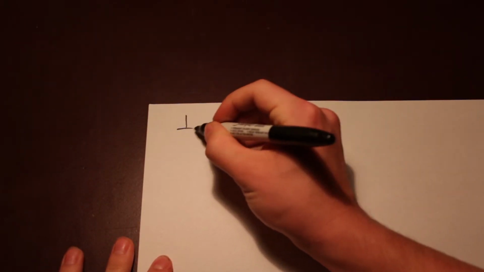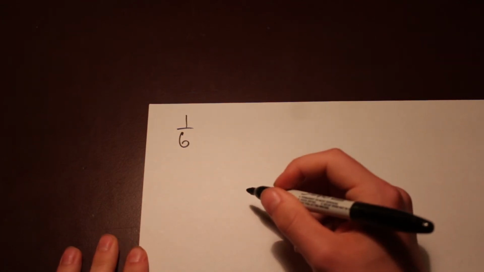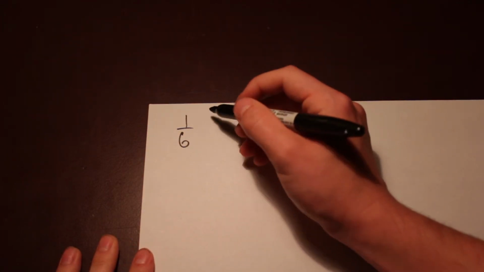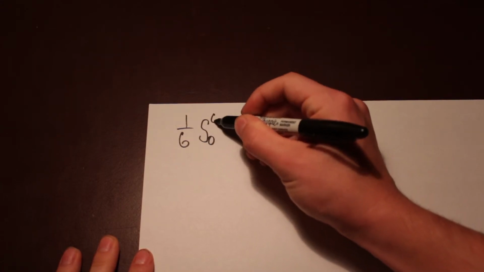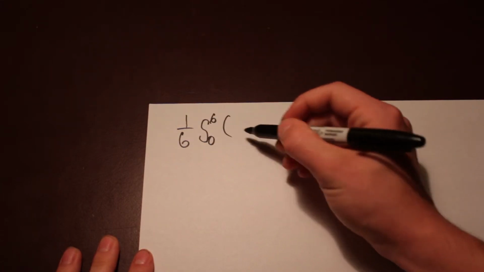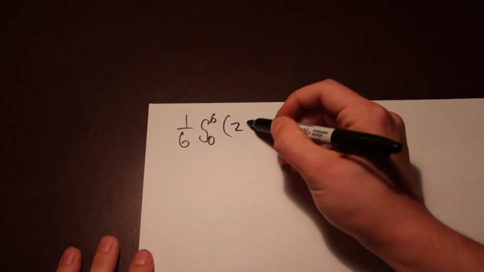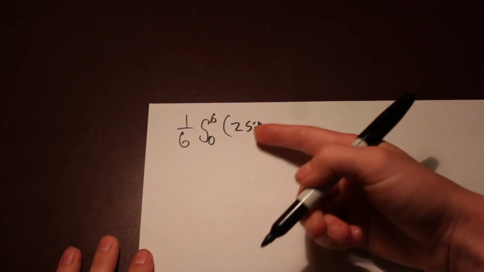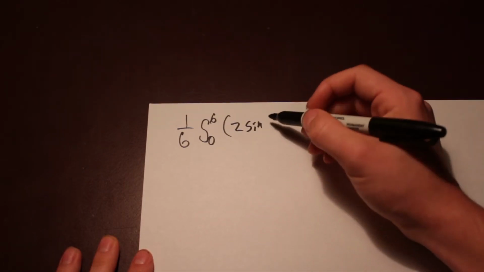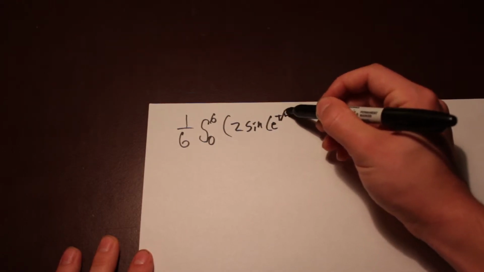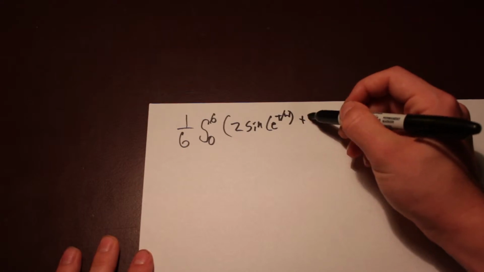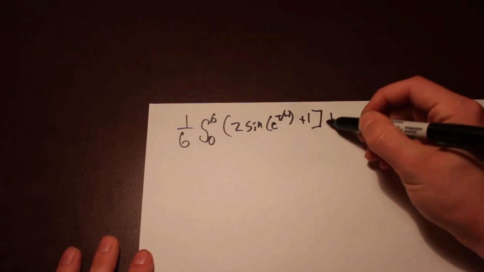If we divide that by the 6 seconds, we get meters per second, which is the unit for velocity. So what we do is 1/6, that's the total amount of time we're dividing by, then the integral from 0 to 6 of 2 times sine, this is the velocity function, of e to the t over 4, plus 1, dt.